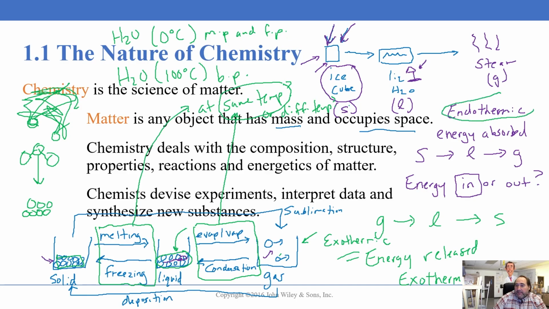Endothermic are processes that involve energy being absorbed. So a lot of times we look at those two major things. We look at structure and properties. We look at energy associated with what's happening with matter. We look at how it's transitioning perhaps from one state to the next. And we do experiments to sort of see what is happening here.